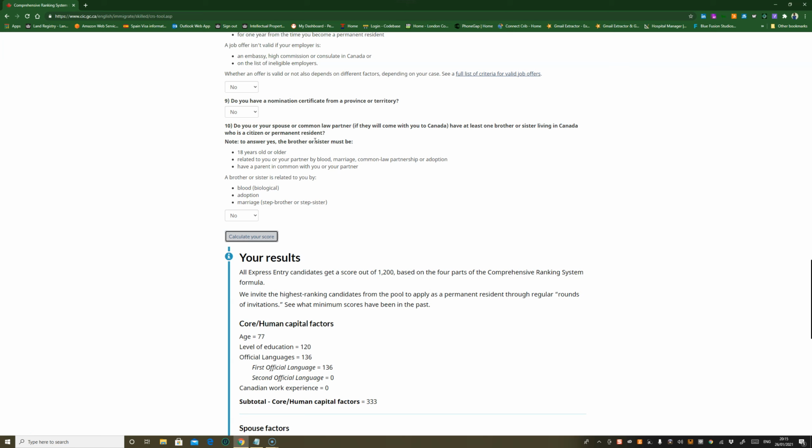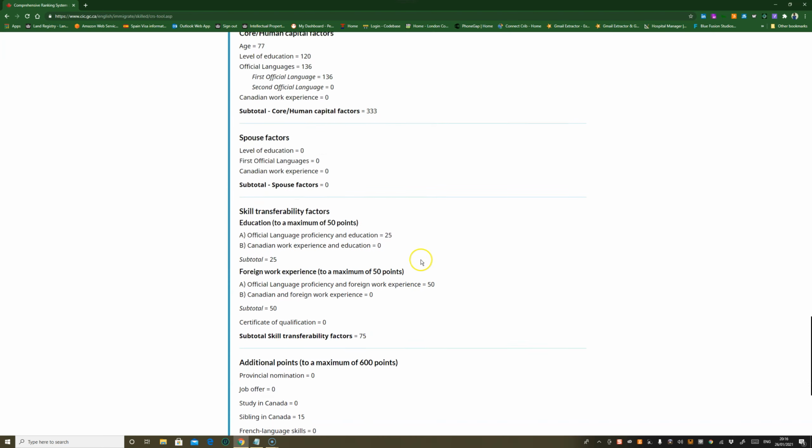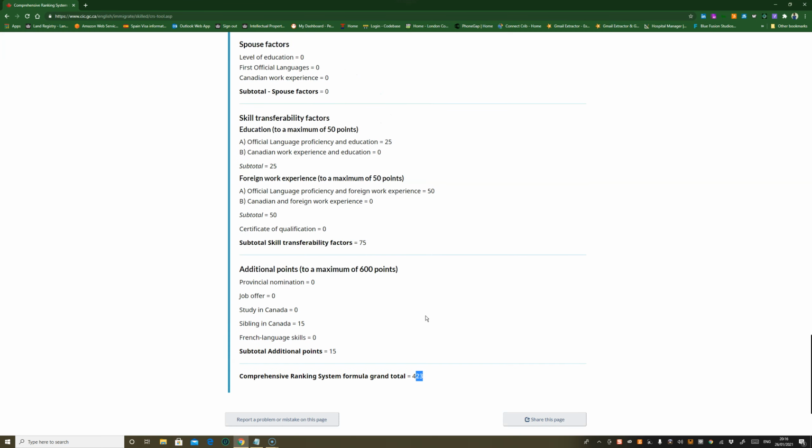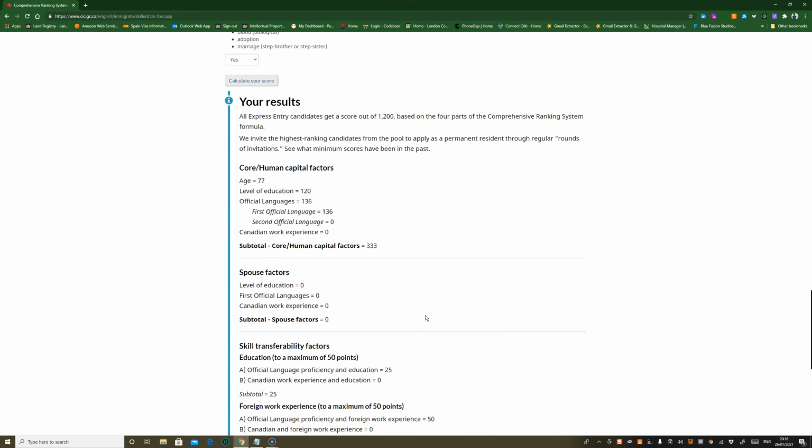Those who are blood related to you, or your partner, you can get points on that as well. And if I recalculate it, you can see it increases a little bit, but it does not give you that maximum point.